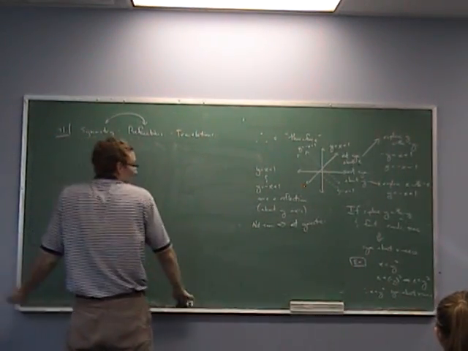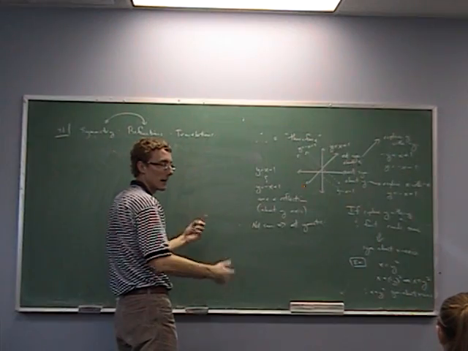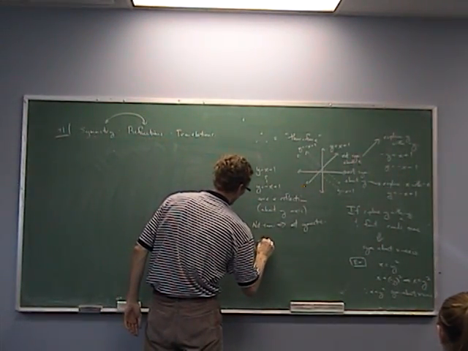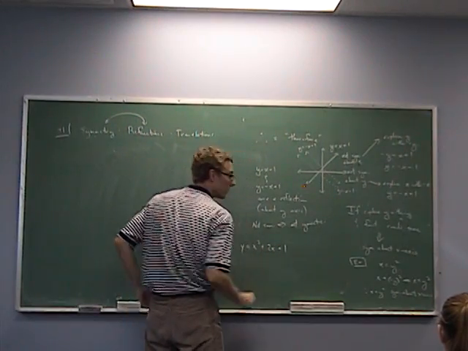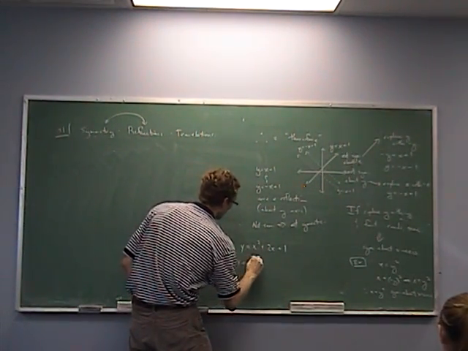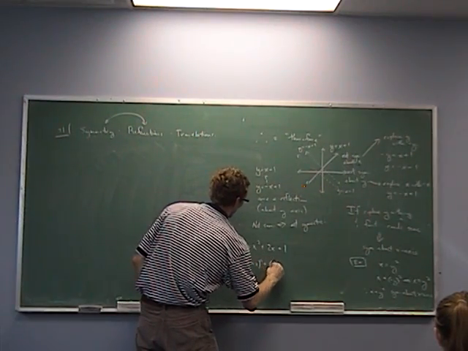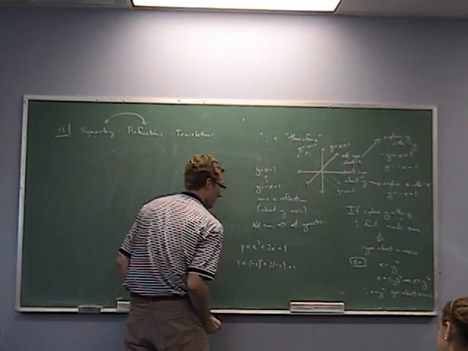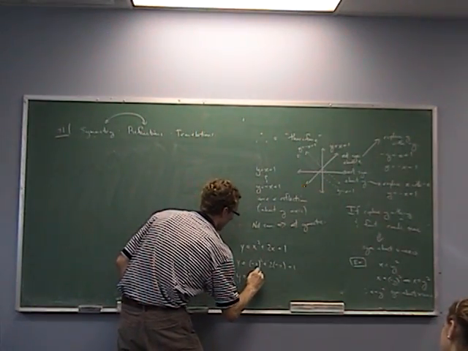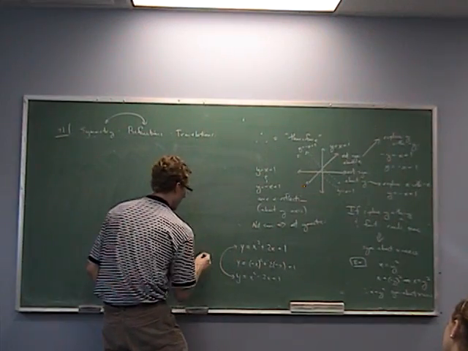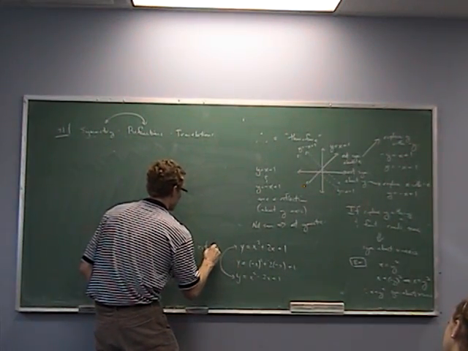So technically, I could take any function and reflect it, and I could have y equals x squared plus 2x plus 1. If I want to reflect this about the y-axis, I'll just go y equals negative x squared plus 2 times negative x plus 1, and get y equals x squared minus 2x plus 1. These guys are reflections.